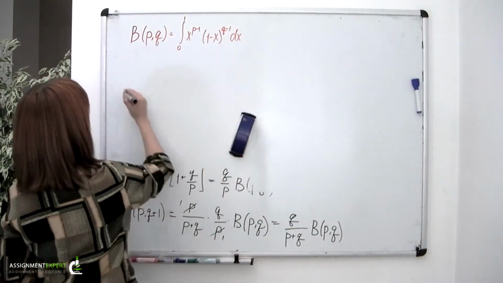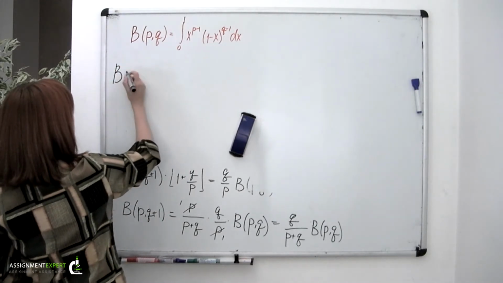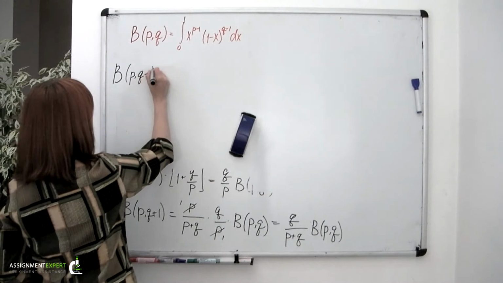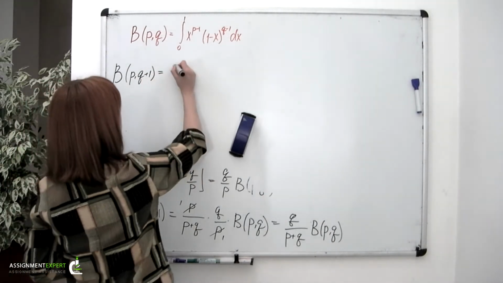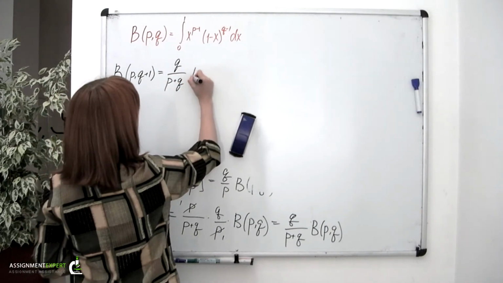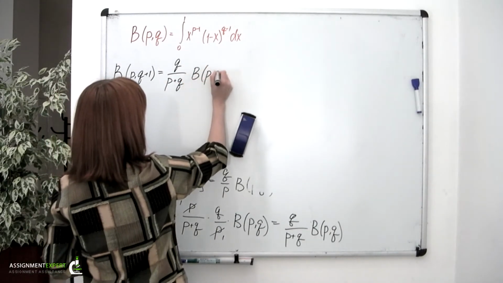So we obtain beta of p and q plus 1 equals q over p plus q times beta of p and q.